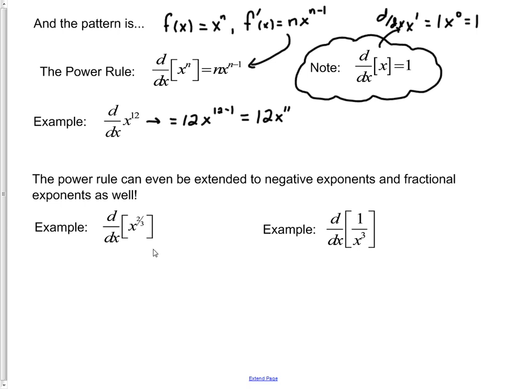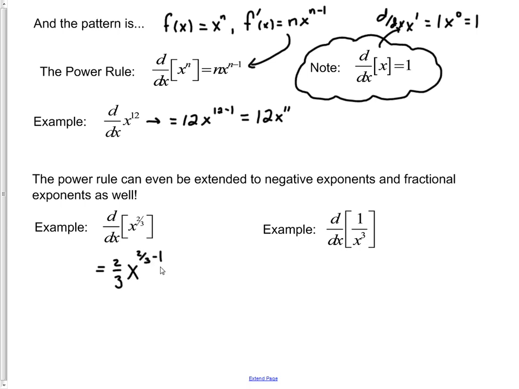Because this power rule can be extended, we can prove that it can be extended to both negative exponents and fractional exponents too. Like, for example, let's talk about the derivative with respect to x of x to the 2/3 power. Well, using this rule, what would we expect to find? 2/3 would be multiplied by x raised to the 2/3 power minus 1.